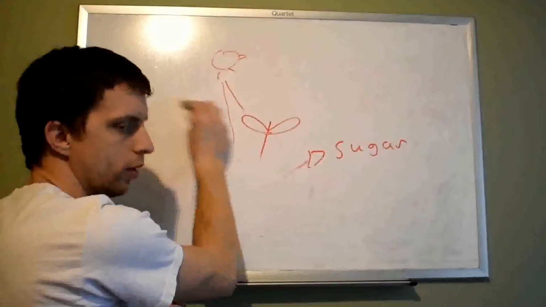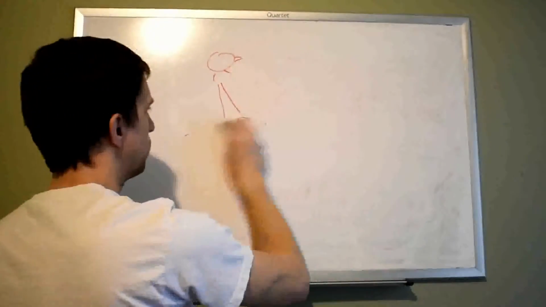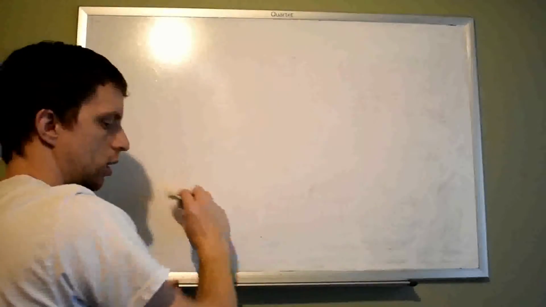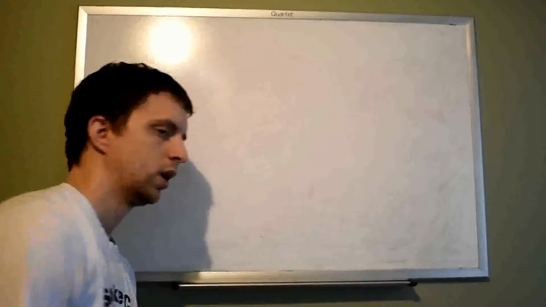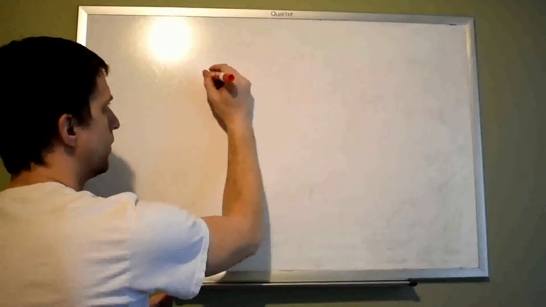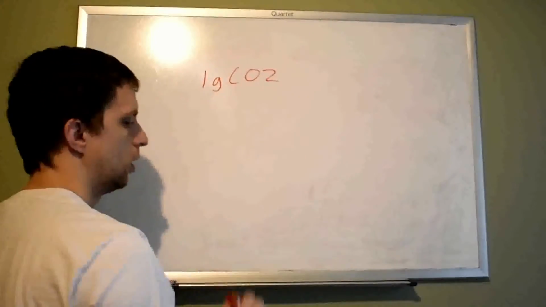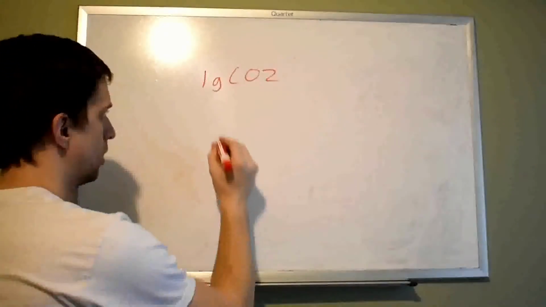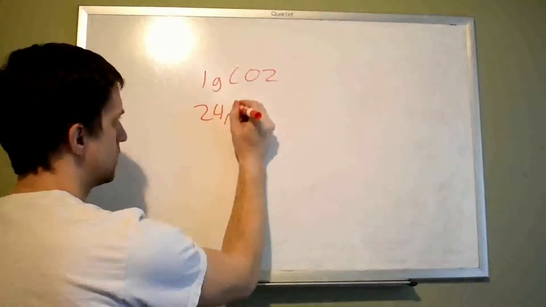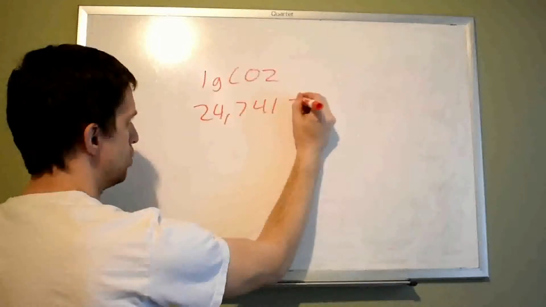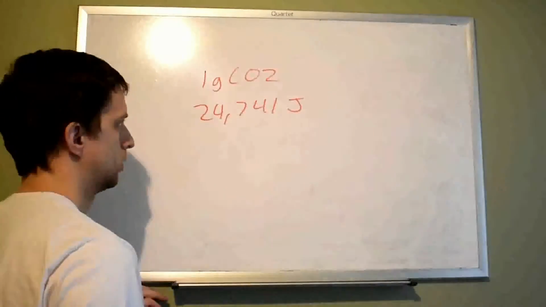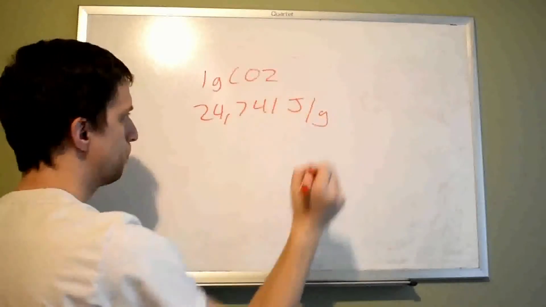So I wondered, how much light does my plant really use? And all the math's on the website, so look there, but the gist of it is per gram of CO2, the plant needs 24,741 joules per gram of CO2.